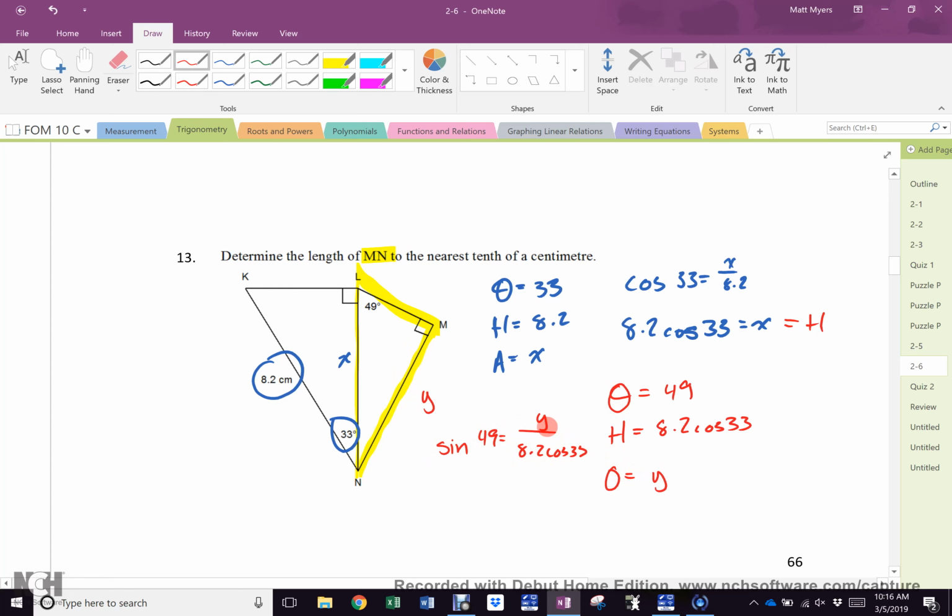What do I do there? Multiply. So 8.2 times cos 33 times sine 49 will give me y. And that will give me my best possible answer. It is 5.2.